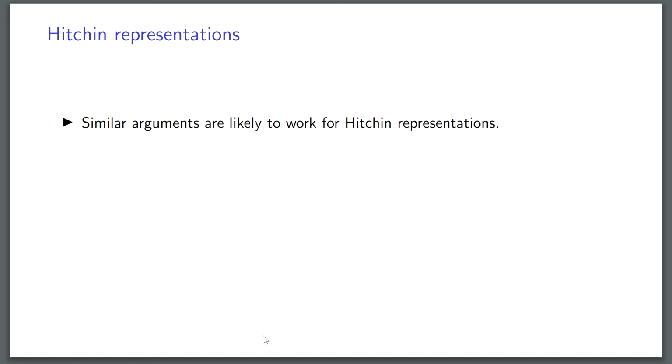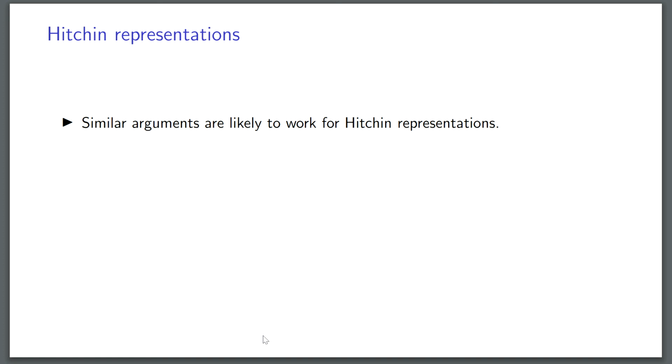Let me discuss what difficulties you encounter when you try to run pretty much the same argument. I believe that the Dehn twisting argument also works for Hitchin representations, meaning that you get a statement similar to the ones we saw before, that the energy spectrum of a Hitchin representation does determine the simple length spectrum of a Hitchin representation.